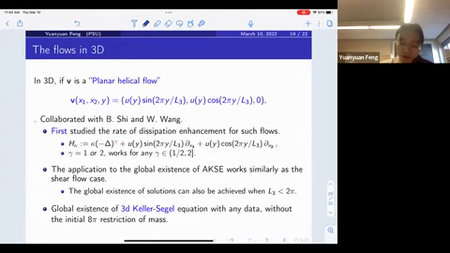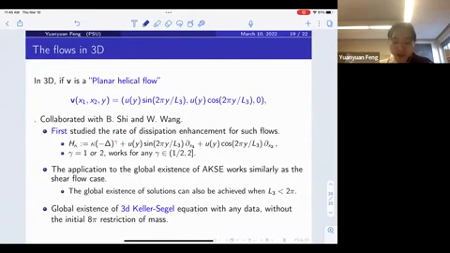If we look at the Kuramoto-Sivashinsky equation, the kernel components are now reduced to a modified two-dimensional Kuramoto-Sivashinsky equation. As I mentioned, the global existence for the two-dimensional Kuramoto-Sivashinsky equation is not known; it's open.